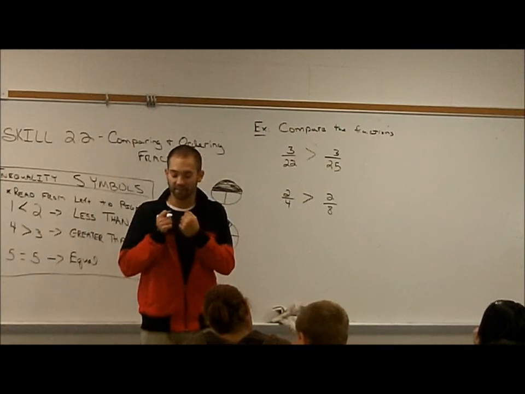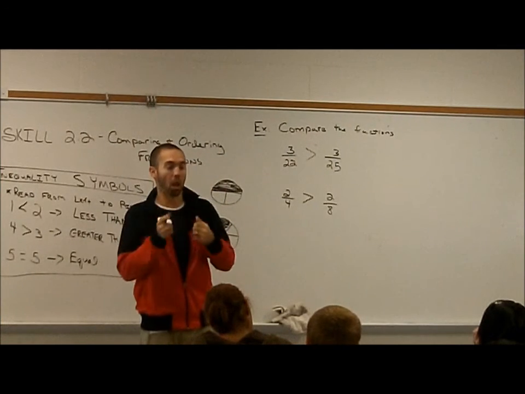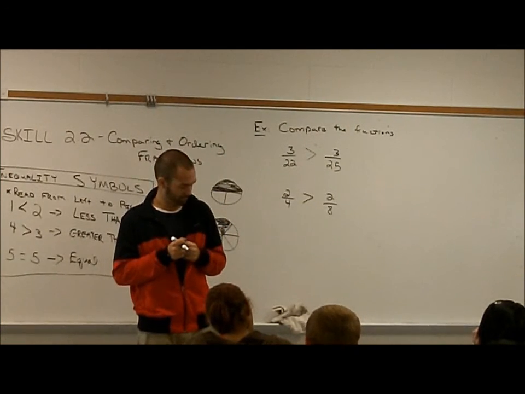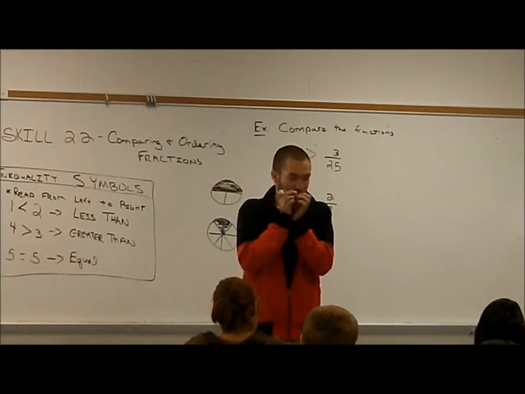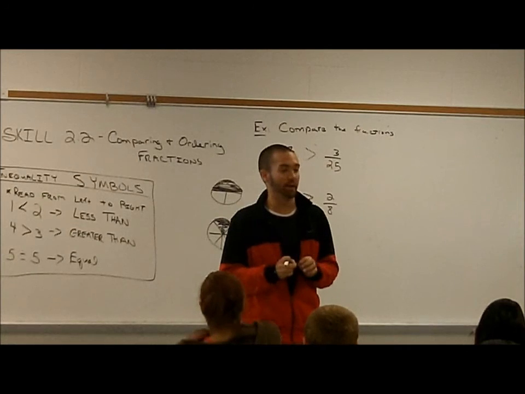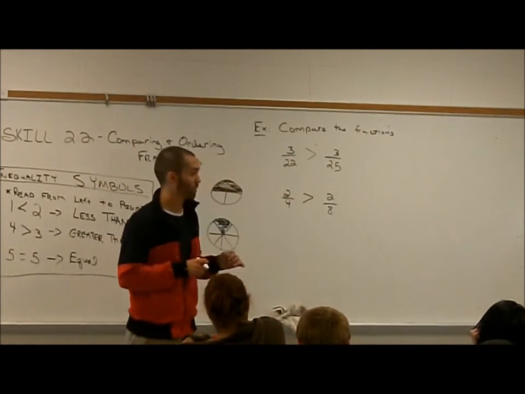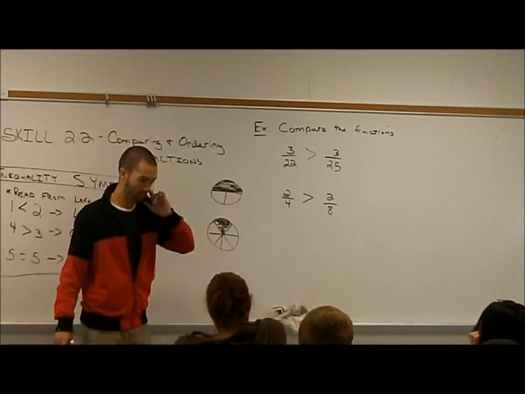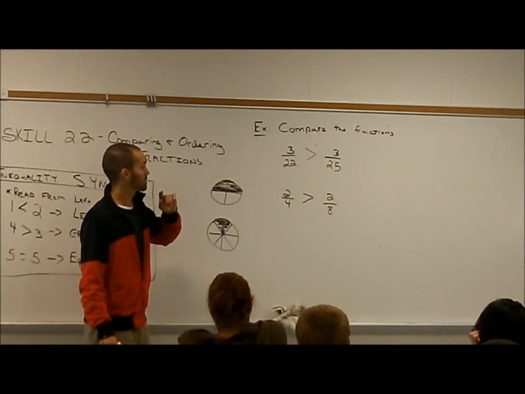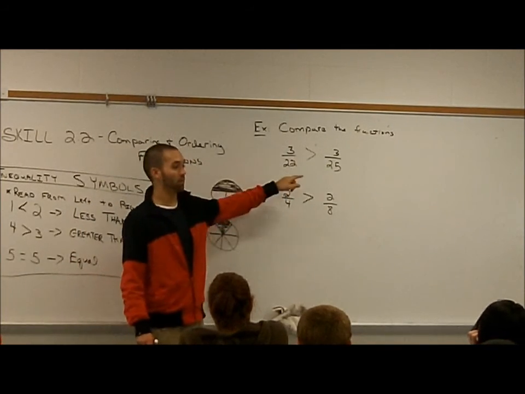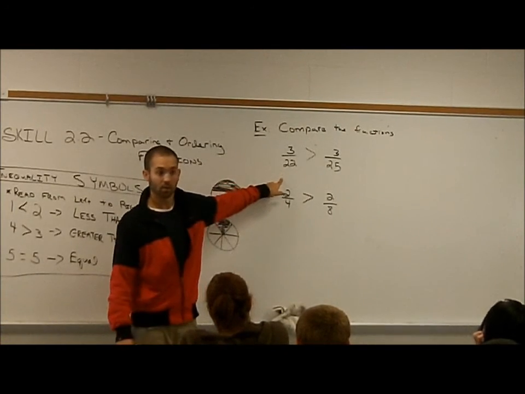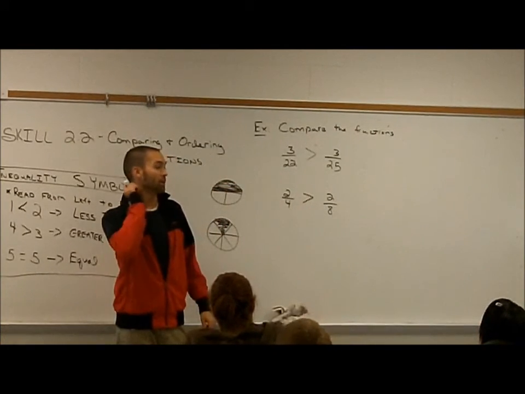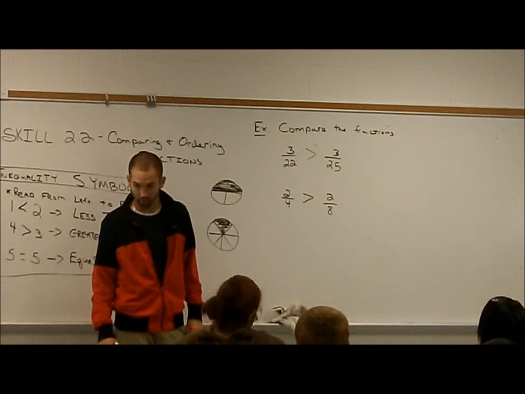Okay? So what is this? So in this scenario, what are we looking at? What has to be true? The denominator has to be smaller. The larger value is the smaller denominator when the numerators are the same.